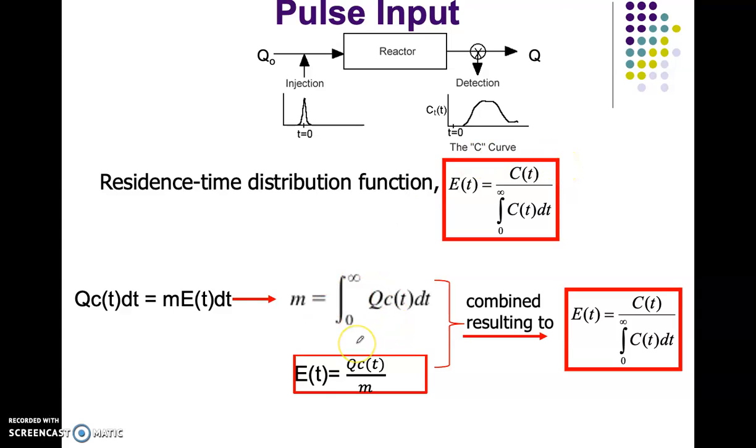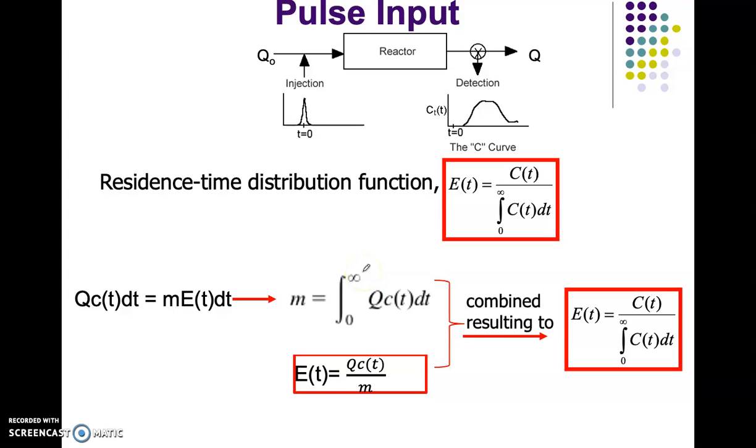Now I want to show you E(t) can also be calculated using this formula, where Q is the flow rate and M is the amount of tracer. M is equal to the integration of Q C(t) dt from 0 to infinity.